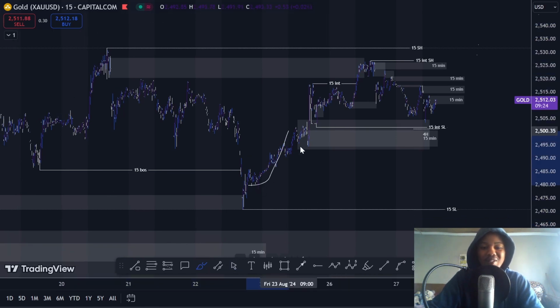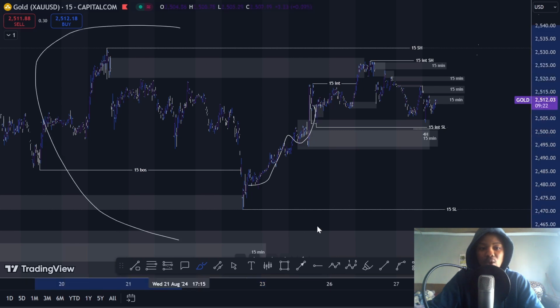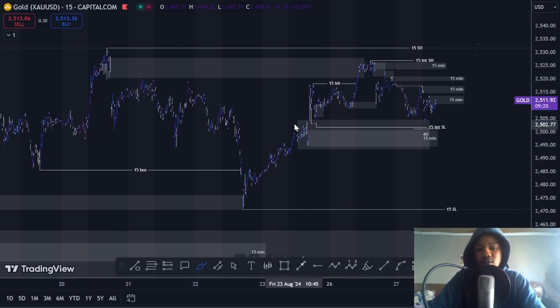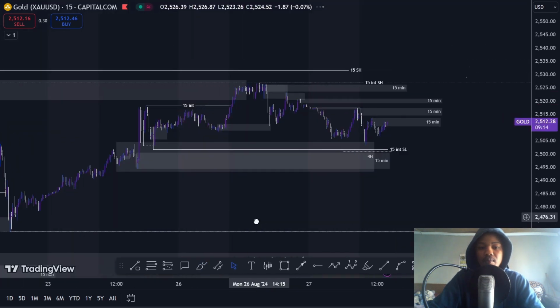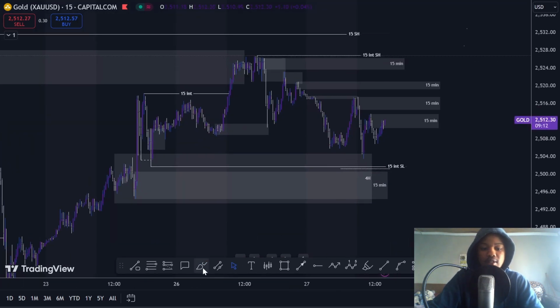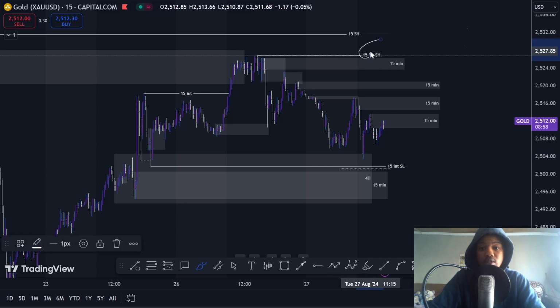These breaks happening within this overall structure are internal breaks. Our last internal break is this area here. So we're trading within this range, between the internal swing high and the internal swing low.